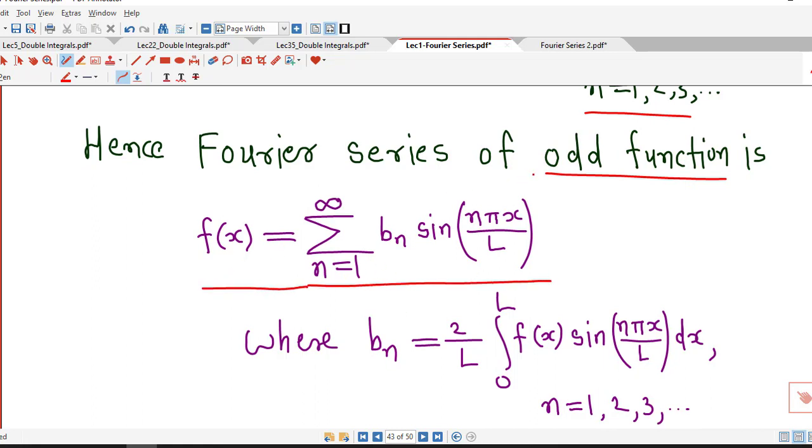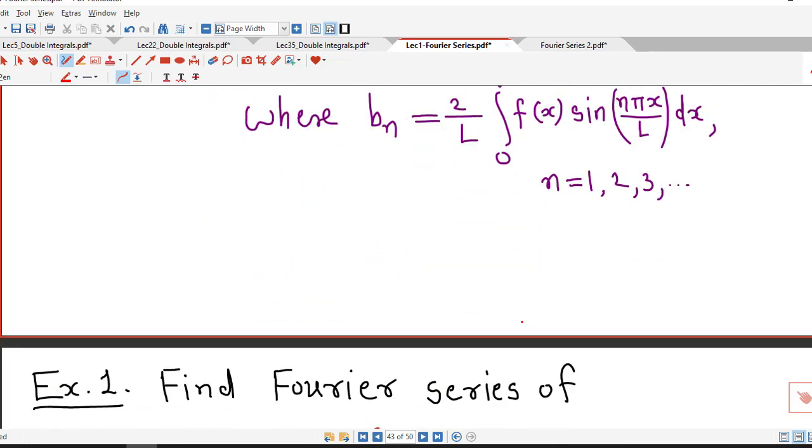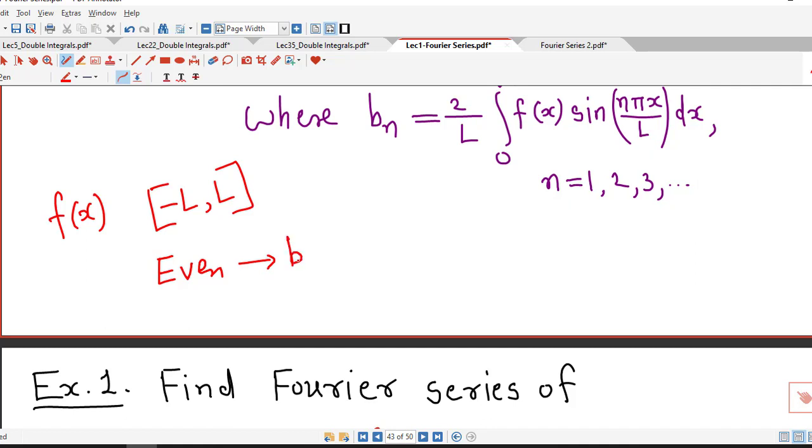So Fourier series of f(x), if f(x) is odd, is given by f(x) equal to sigma bn sin(n pi x by L), where bn's are given by 2 by L integral from 0 to L f(x) sin(n pi x by L) dx. So we will remember that if our function f(x) is defined on this type of interval, then if f(x) is even, then bn is 0 for every n.